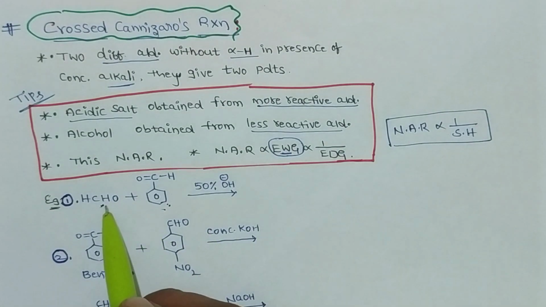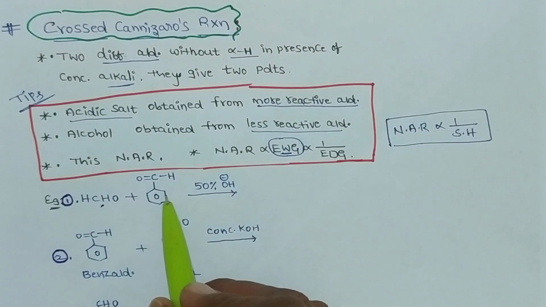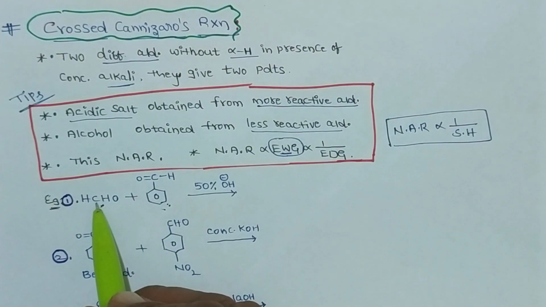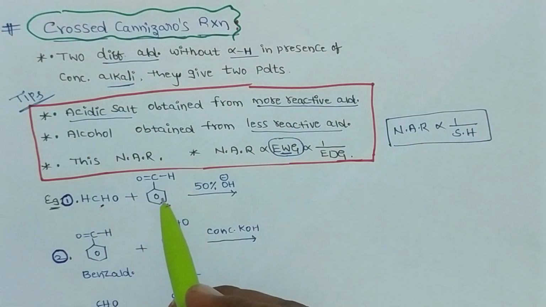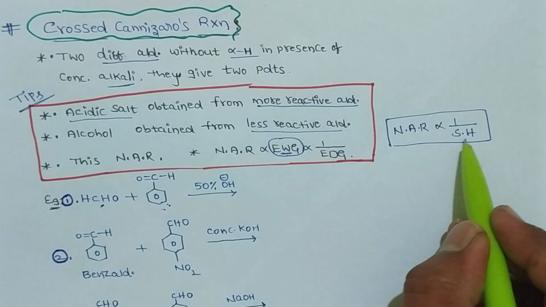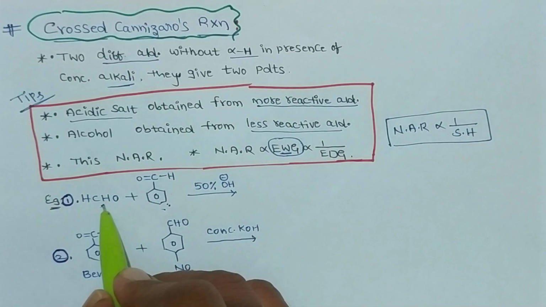Which one will give the acid and which one the alcohol? Formaldehyde is an aliphatic aldehyde, and benzaldehyde is an aromatic aldehyde. Aliphatic aldehydes have less steric hindrance than aromatic aldehydes, and the less the steric hindrance, the more reactive.